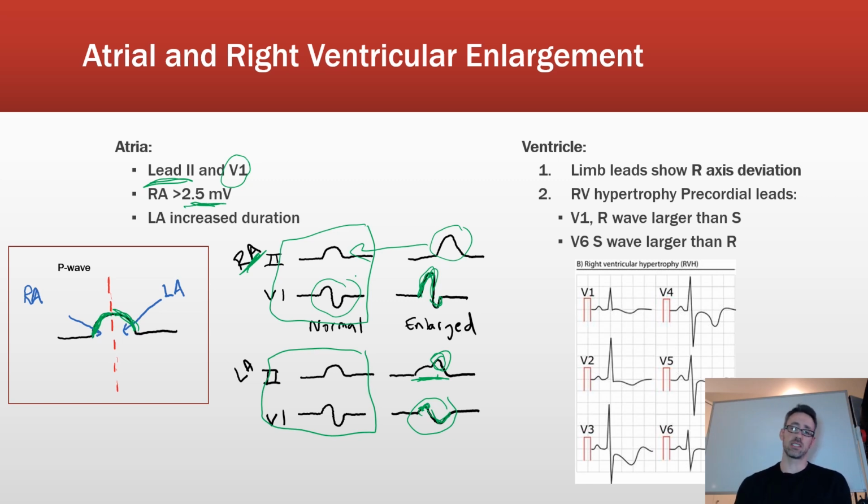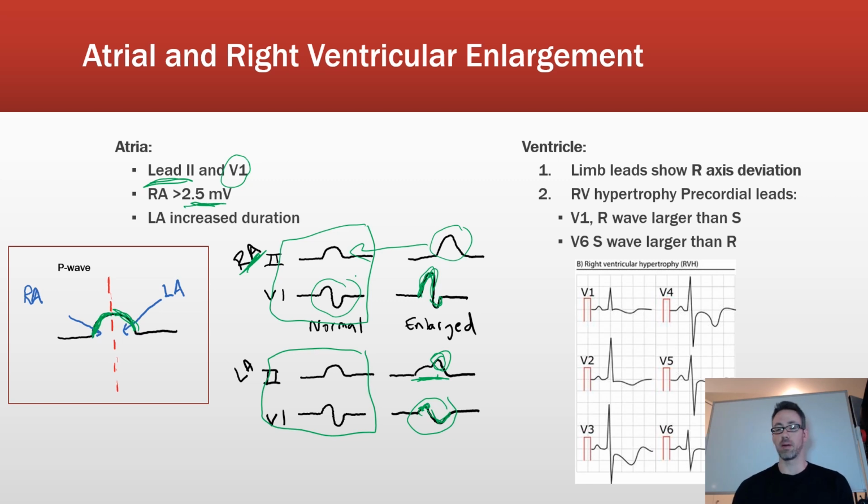If I assess axis and I see that there is right axis deviation, then I'm going to look at the precordial leads, V1 and V6. Remember, the chest leads, or the precordial leads, go from V1 to V6, and V6 is in the axillary area. V1 is to the right of the sternum, and they're almost opposite each other. So they typically show what we call reciprocal findings. If one is going up, the other one goes down.